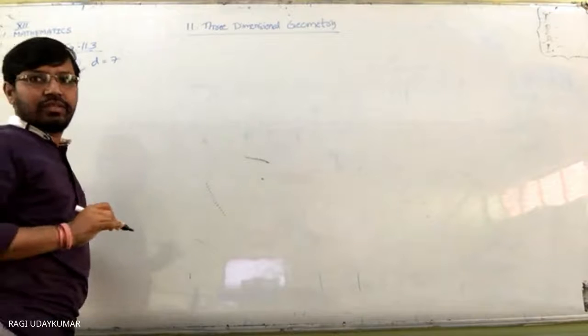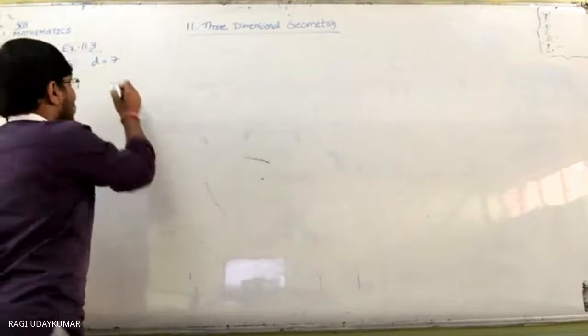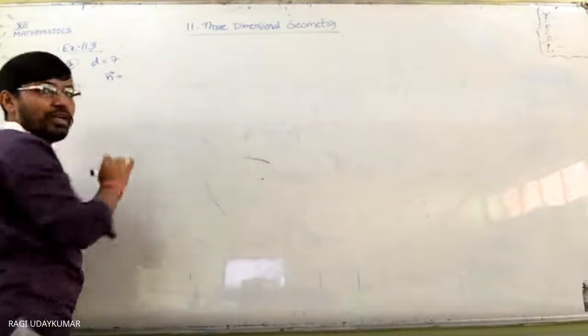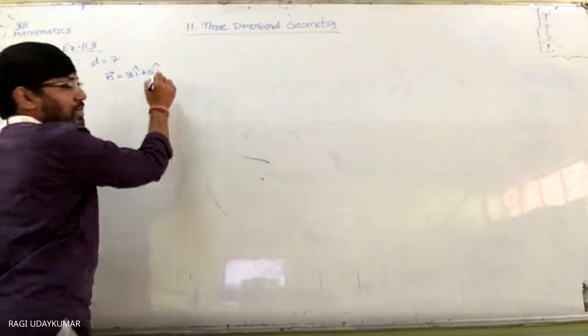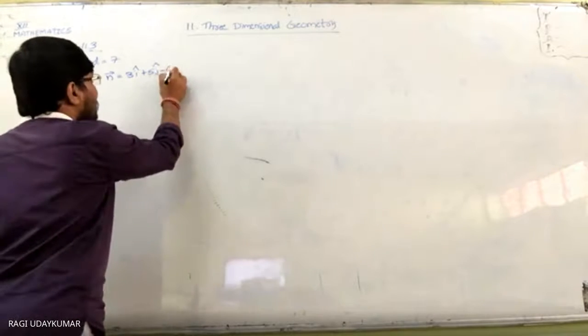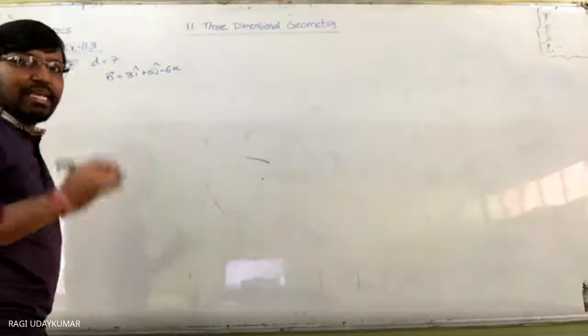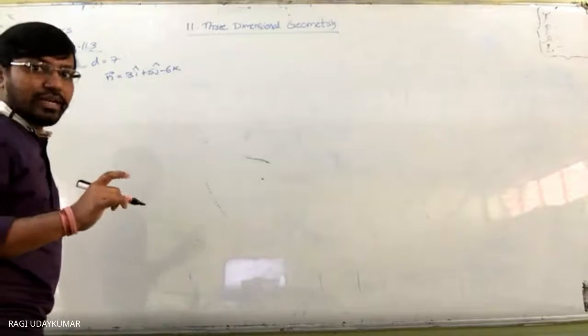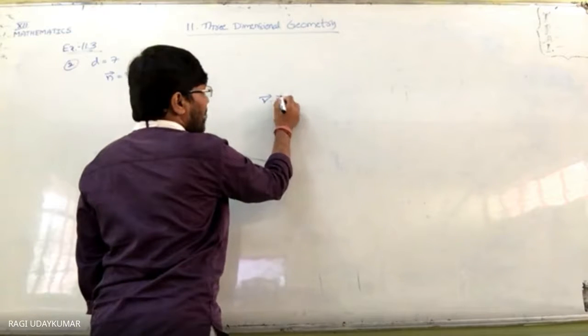And the normal vector n bar is 3i plus 5j minus 6k. But you need to find n cap. That's what I told. Otherwise, r bar dot n bar is equal to d.